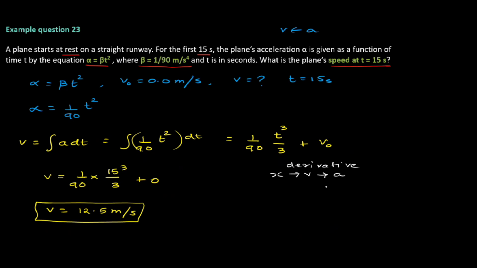But when you go the opposite way, from acceleration to velocity, or from velocity to position x, we take the integration of the function. So I will integrate acceleration to find velocity, and I will integrate velocity to find position.